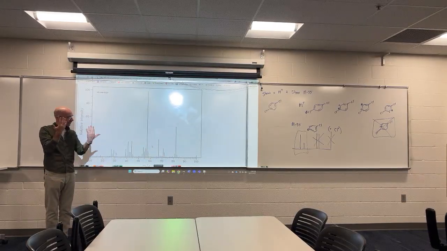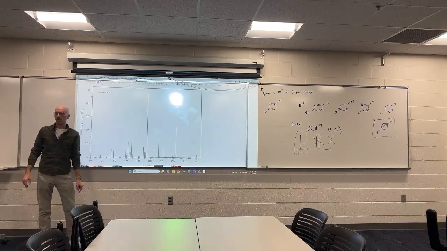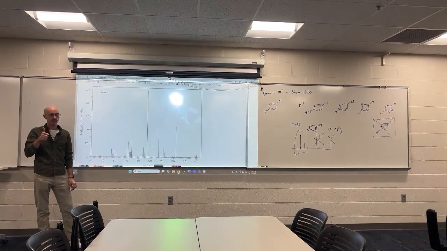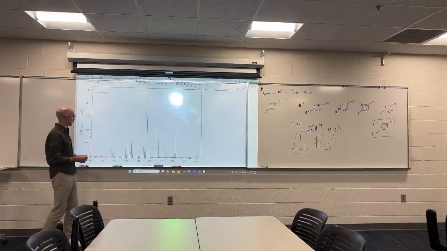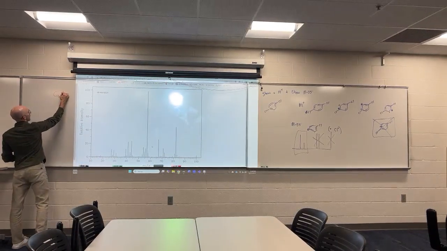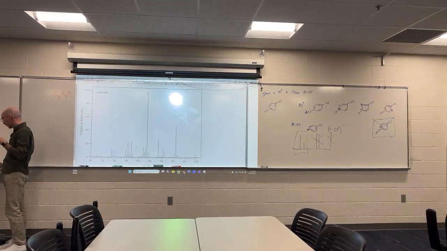I see the similarity in height, although this looks maybe more like 1 to 2 instead of 1 to 3. Anything else? No isotopes here. No bromine, no chlorine. In fact, here's your chemical formula: C6H12O. That's the chemical formula that we're going to be working with.